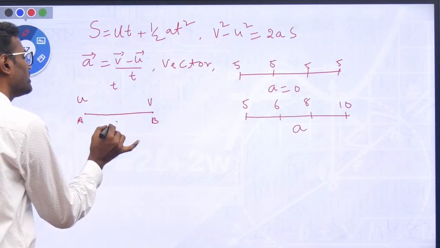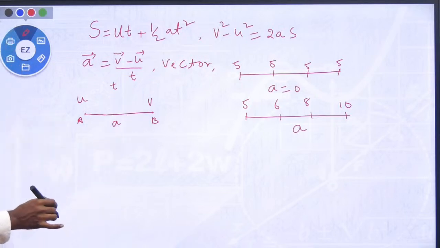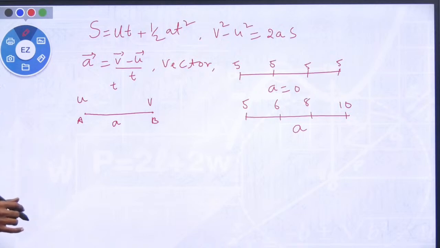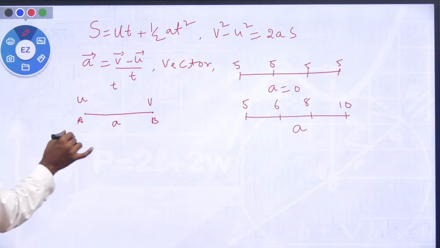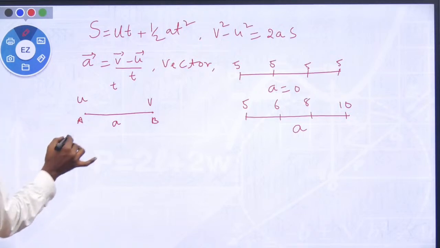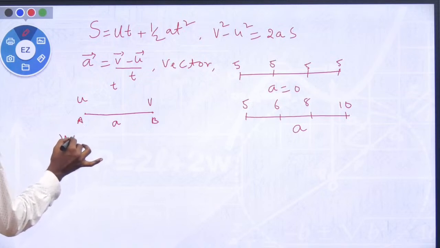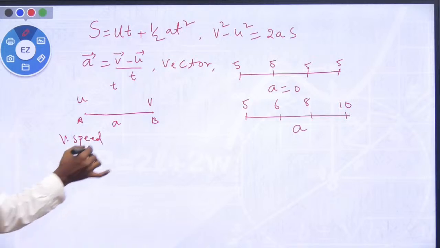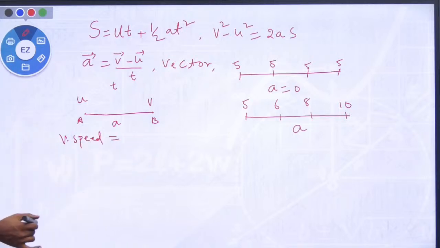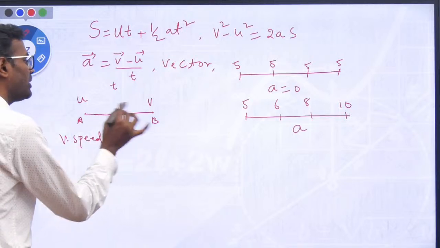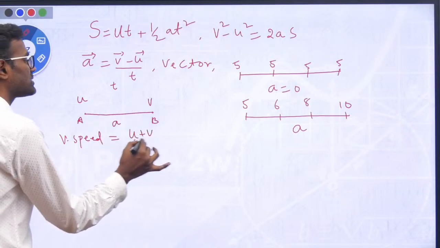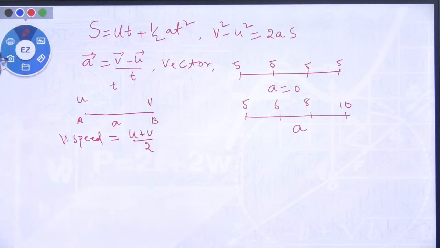If it is moving with uniform acceleration, then average speed is equal to the arithmetic mean of these two. What is the arithmetic mean of these two? (u plus v) by 2. This is the formula.